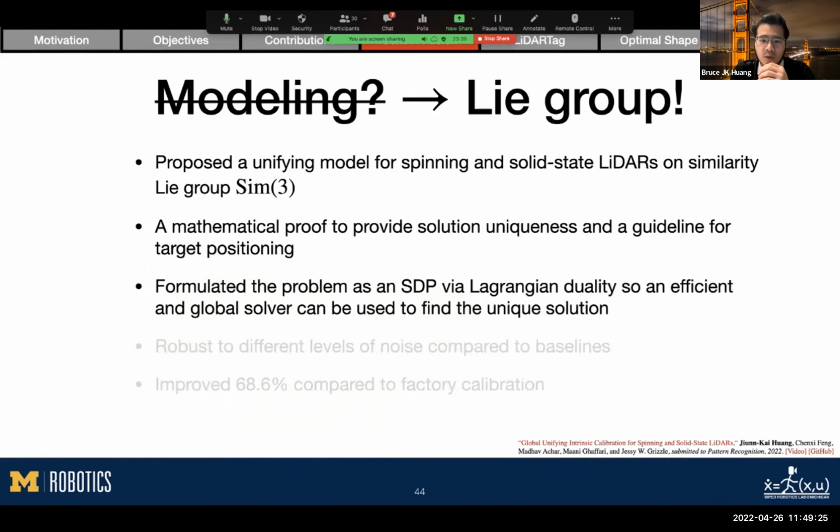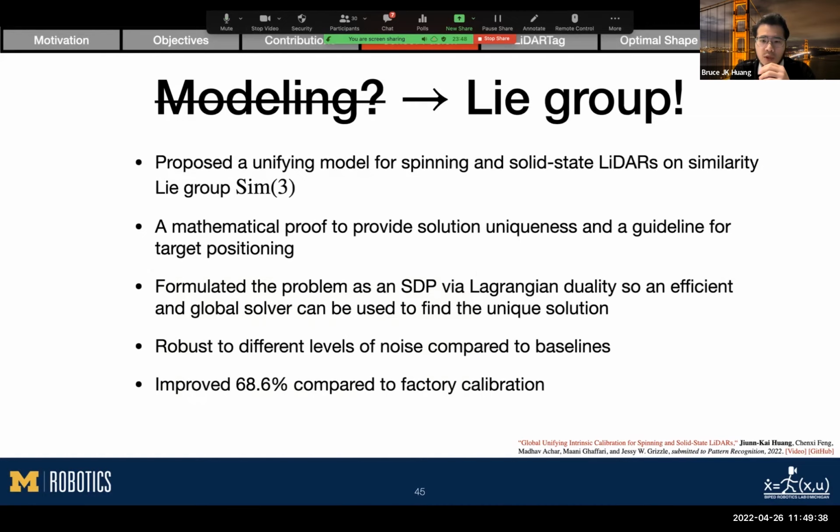To find a unique solution globally and efficiently, we formulate the problem as a semi-definite program through Lagrangian duality, so that an out-of-the-box solver can be easily applied. We show that the proposed method is robust to different levels of noise and also improves accuracy by 68.6% compared to a factory calibration.